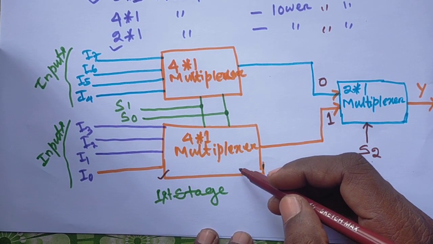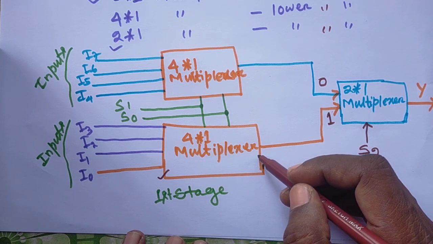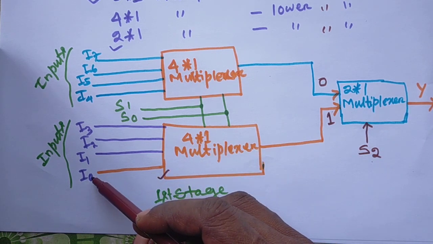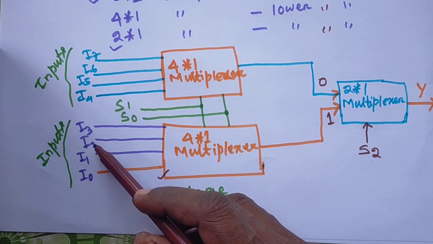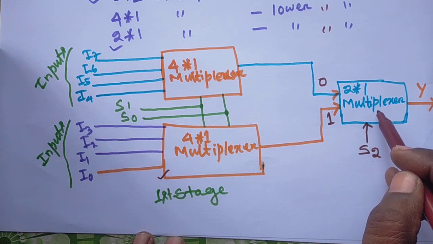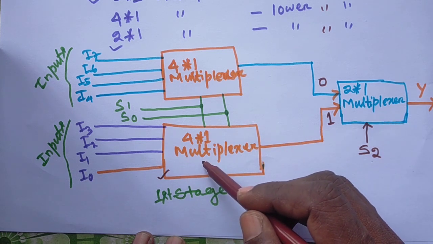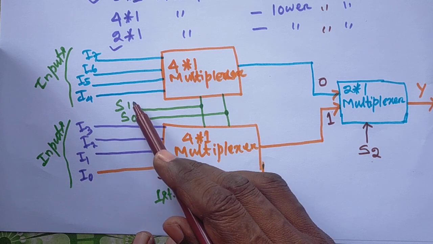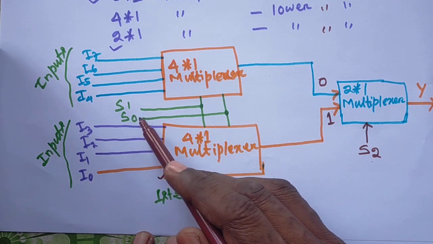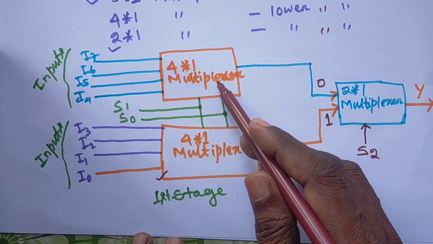That means if this first stage 4-1 multiplexer is activated, it will receive the I0, I1, I2, I3 values, and it will pass them to this particular multiplexer. Okay. Again, which value is received is decided through S0 and S1, because they are already connected to both multiplexers, here as well as here.